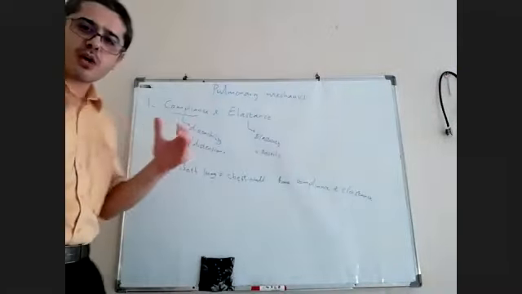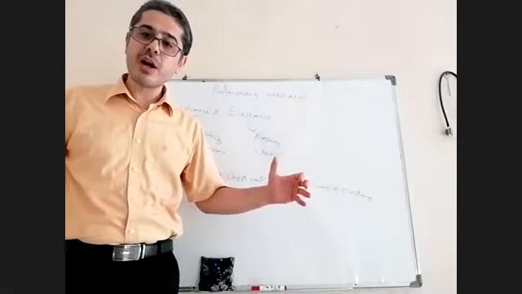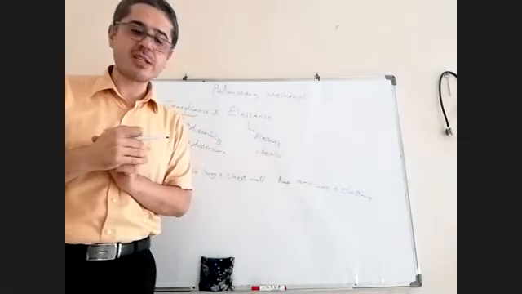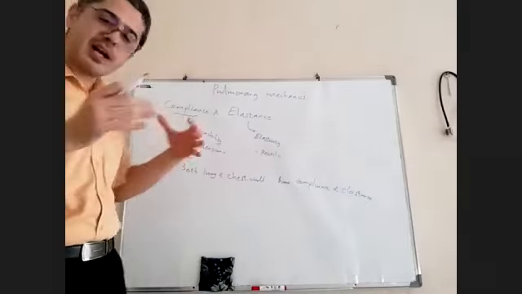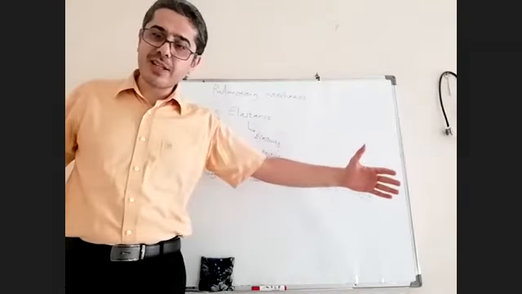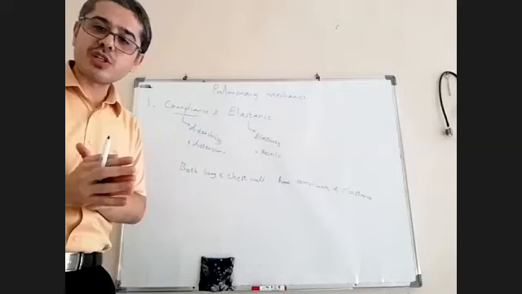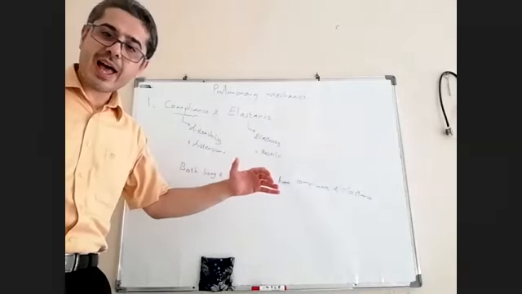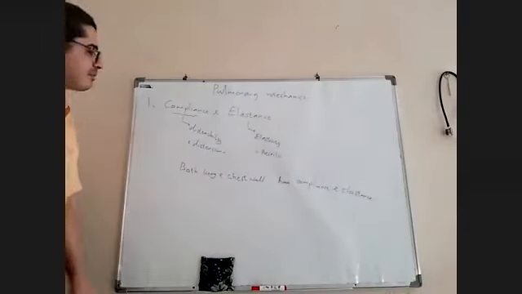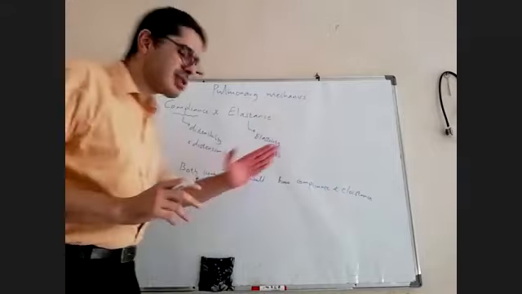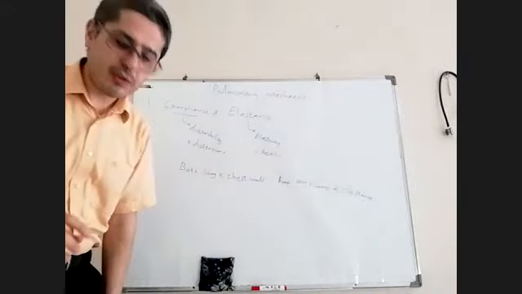Some organs are compliant, able to distend, but they don't have elasticity. The lung is compliant and elastic. The chest wall also is compliant and elastic at the same time. But some organs are compliant and not elastic.